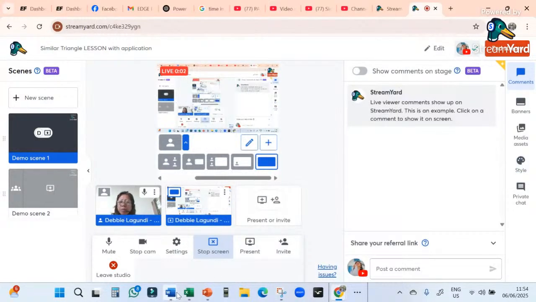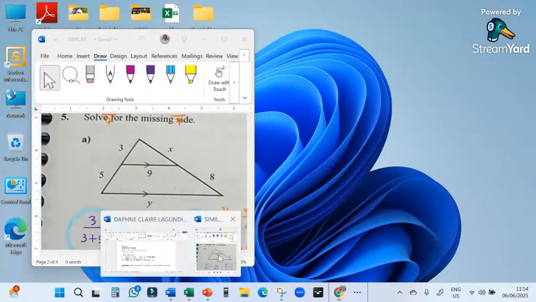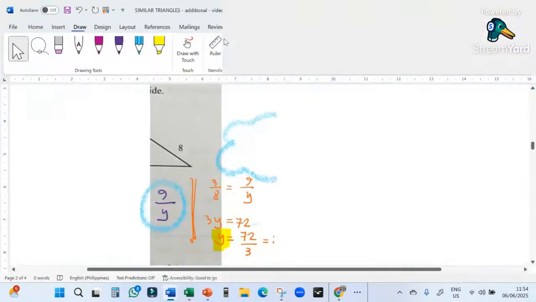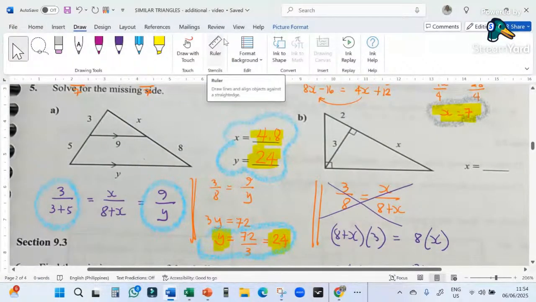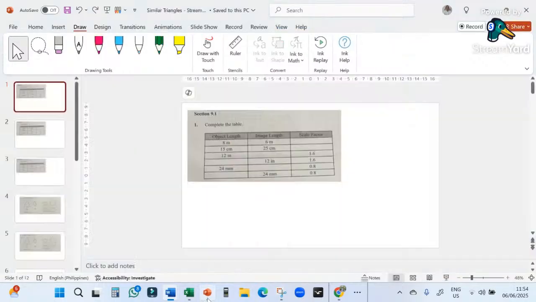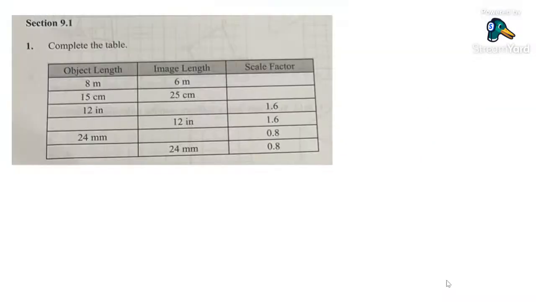Right. Hello, everybody. Let's start our lecture on similar triangles and its application as well. For similar triangles, if you have this kind of table and you'd like to fill it out, looking for the scale factor on how images are being enlarged and reduced, then there is a formula that we always use.